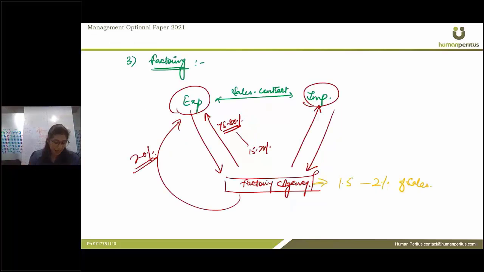Now the next one, or the last one, is forfeiting. See, forfeiting is actually exactly the same process as factoring, with minor differences between the two. You can explain forfeiting's process in detail in your answer, and then explain the minor differences between the two.